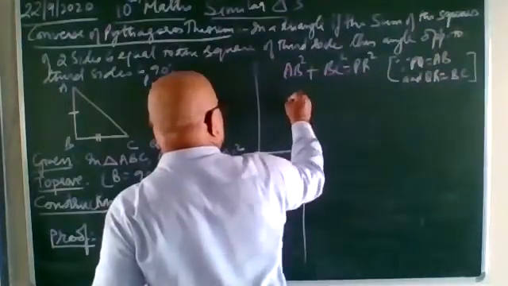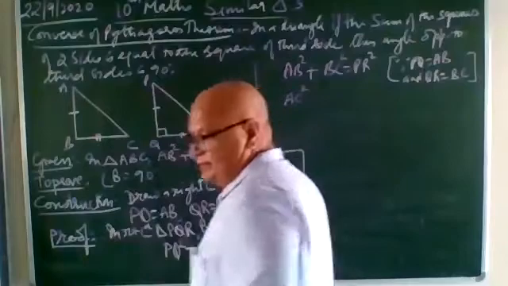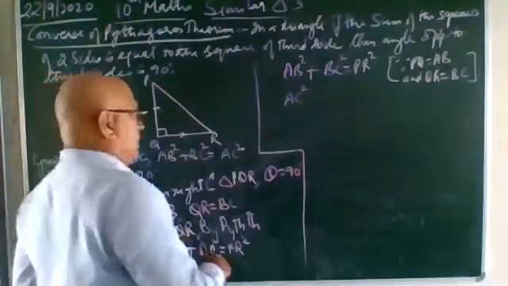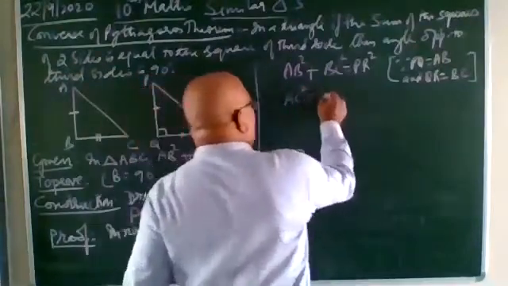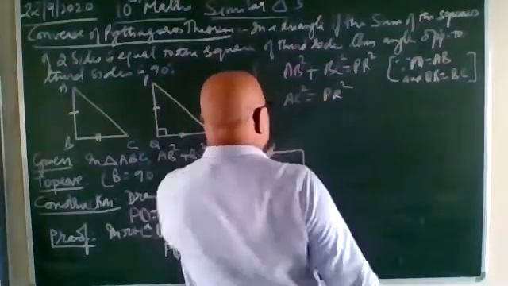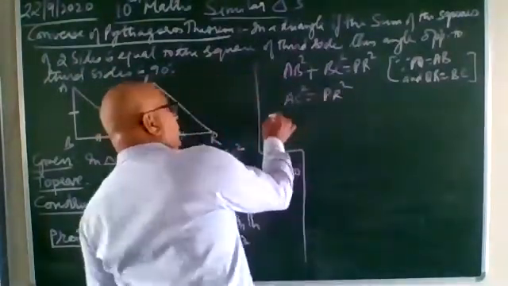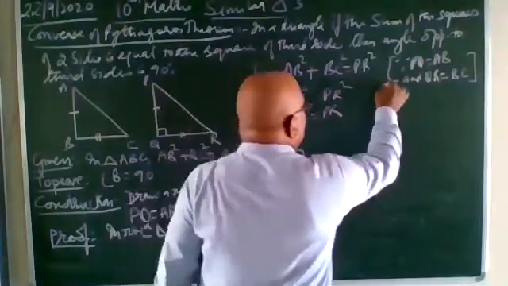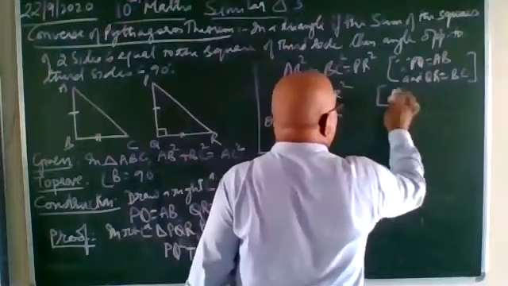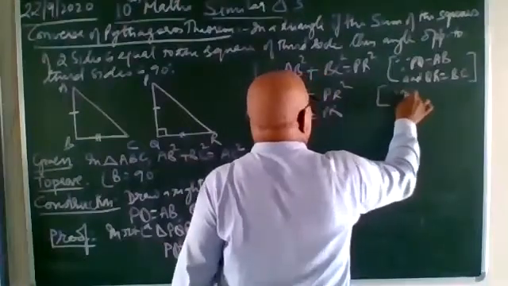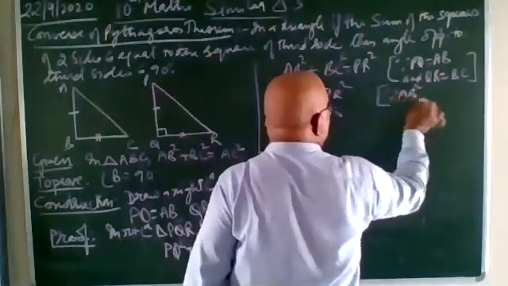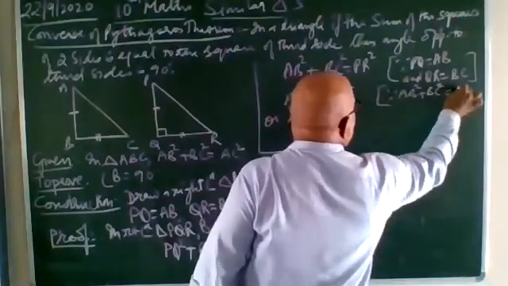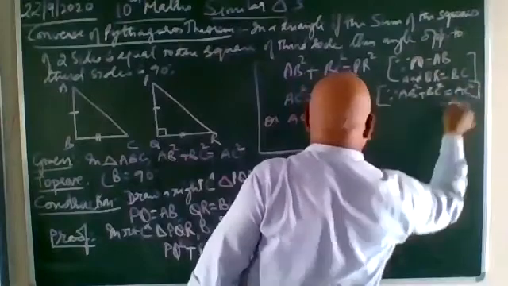AB square plus BC square is what? AC square. So AC square equal to PR square, or AC equal to PR.